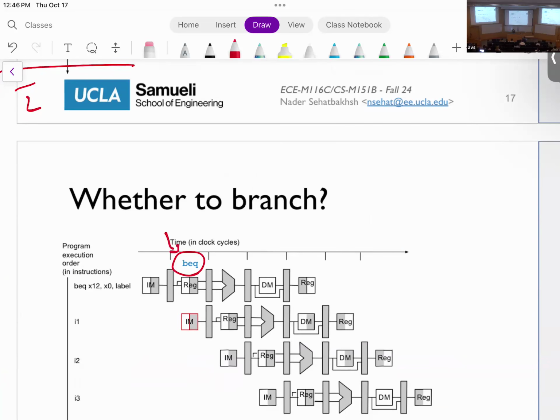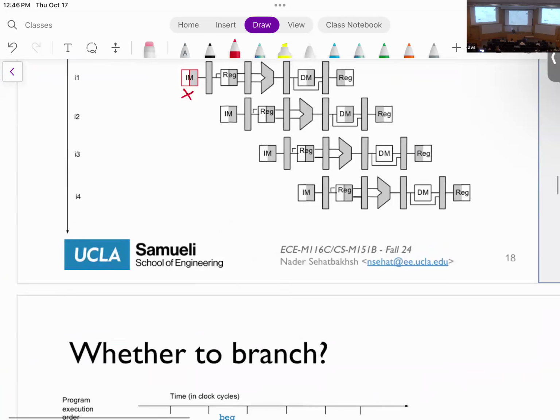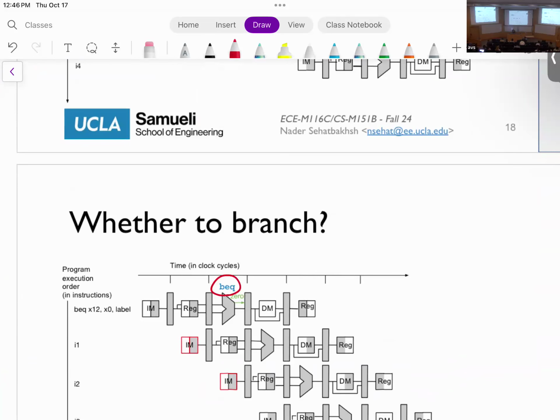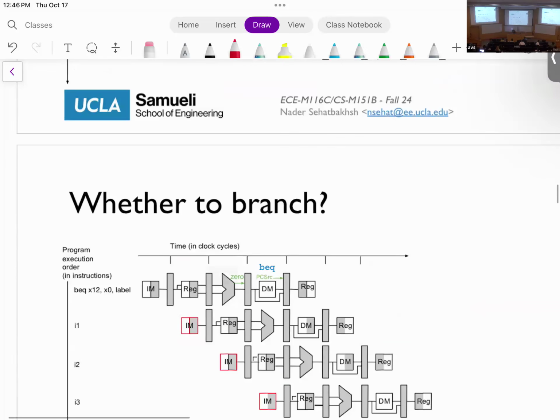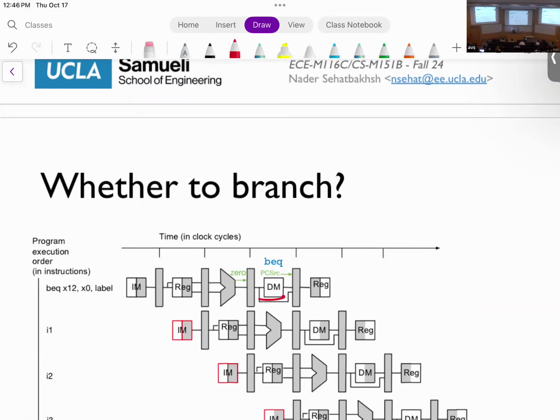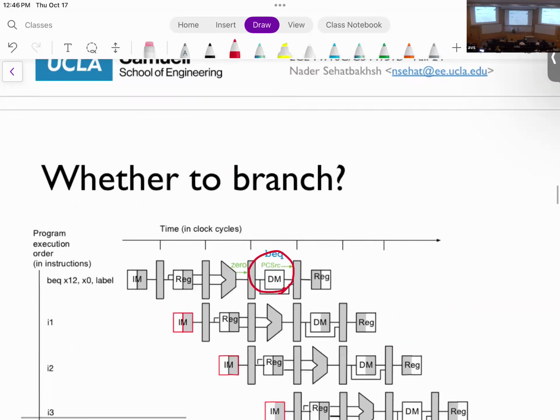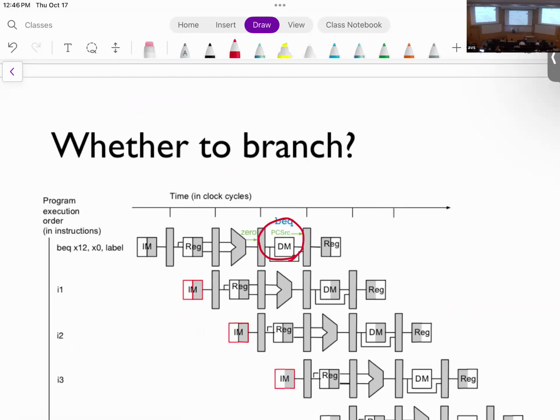Obviously, at this point, we still don't know whether this branch is going to be taken or not, so I cannot fetch a new instruction. I need to stall the processor. Then my branch goes to the ALU stage, the execution stage. At this point, I have this 0, but still I cannot fetch any instruction. I cannot fetch the next instruction either. And then somewhere at this point, I'm going to have my memory instruction. So here I technically can fetch the instruction.